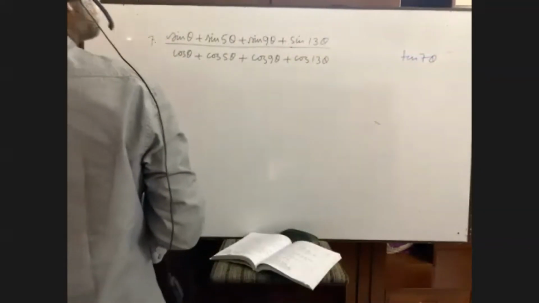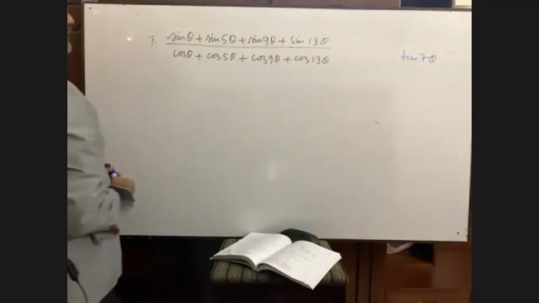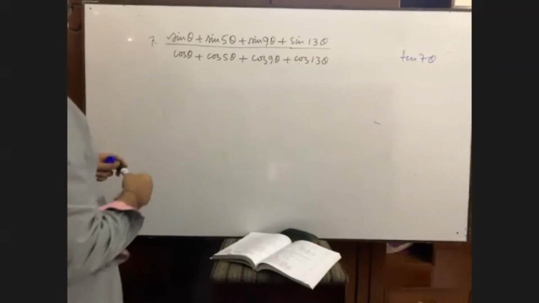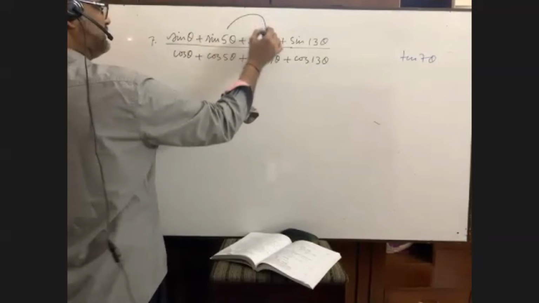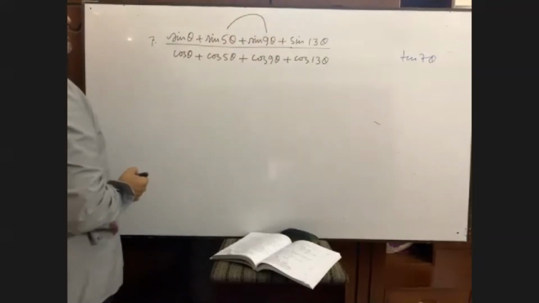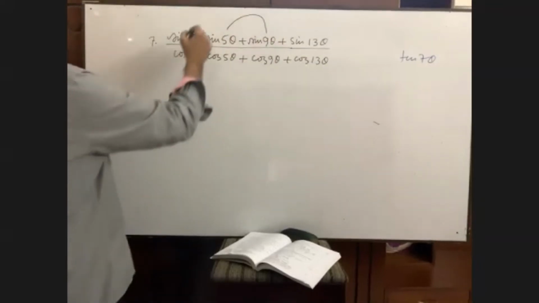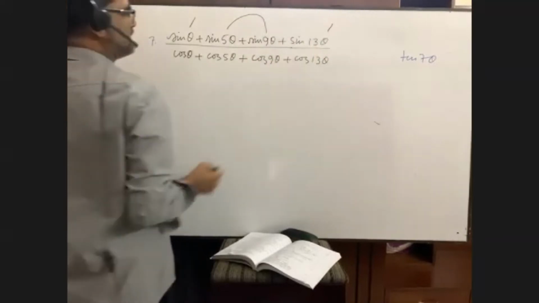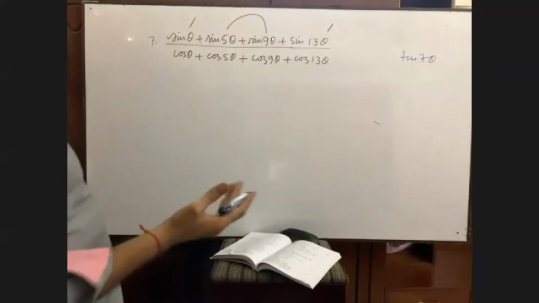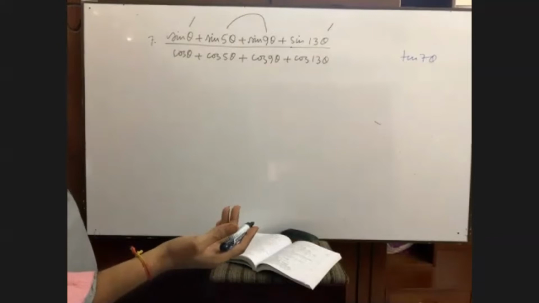How can we get 7? You see, if we add this and divide by 2, we'll get 7. If we add this and divide by 2, we'll also get 7.